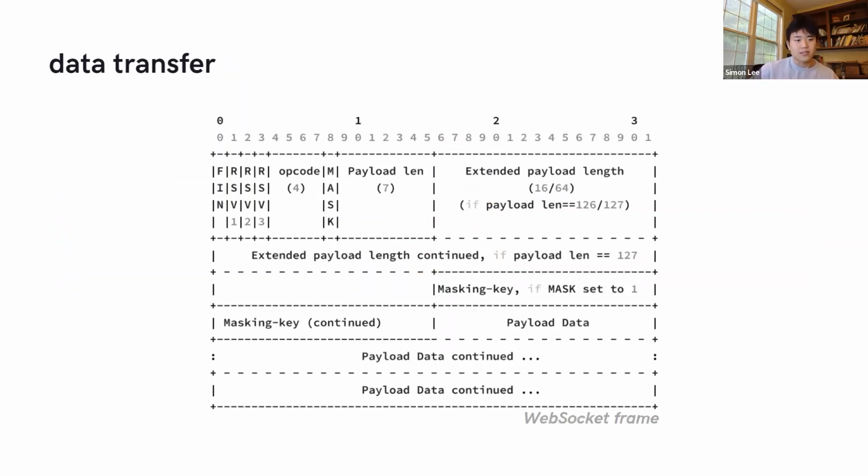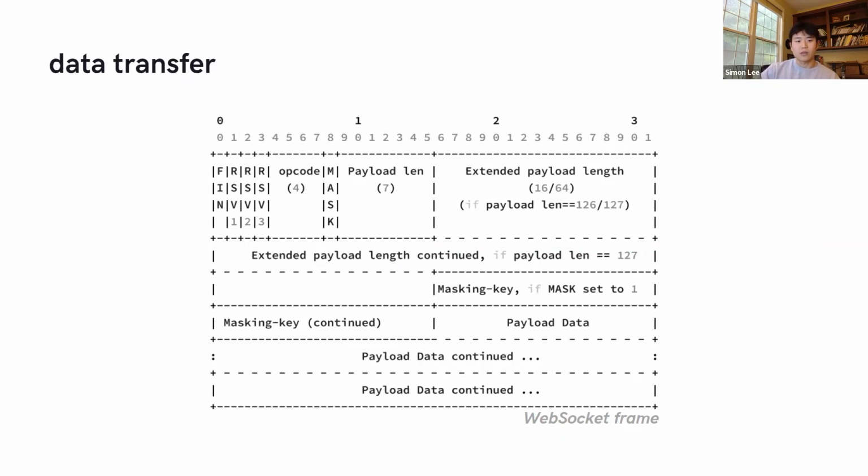The data transfer is the communication over the WebSocket. So the WebSocket protocol communicates with frames, which are data fragments that can be sent from either side. And on the screen, you're seeing a visual representation of what those frames look like. They contain header and application data, and they're written in binary syntax.